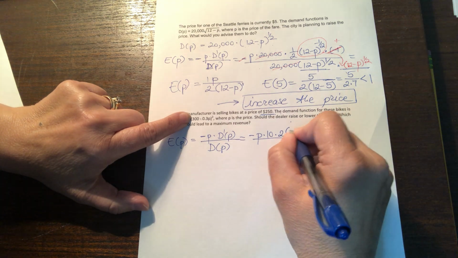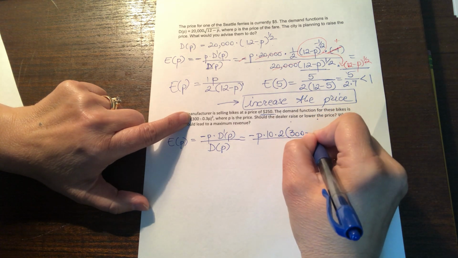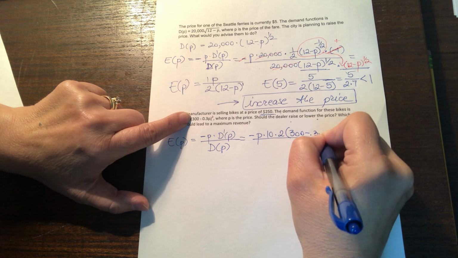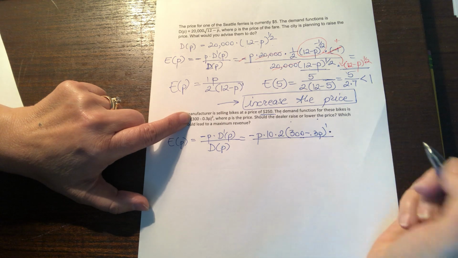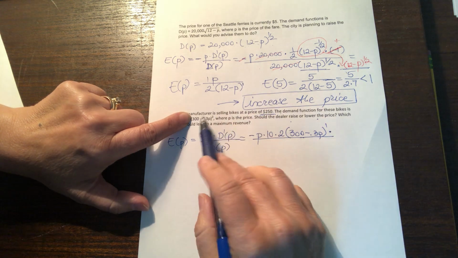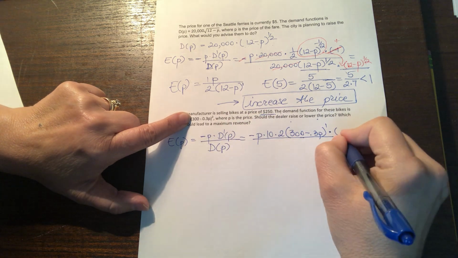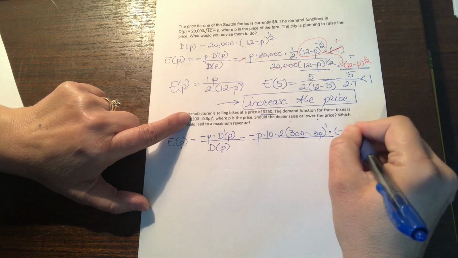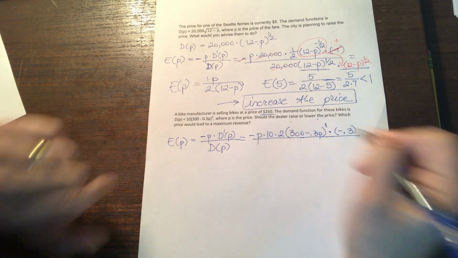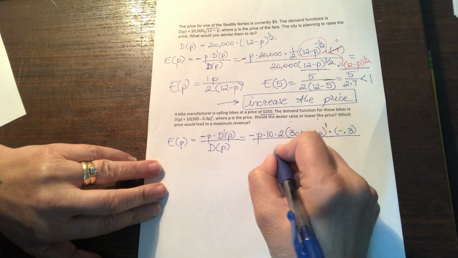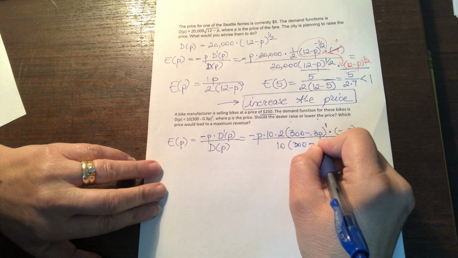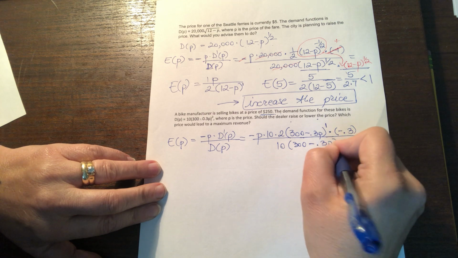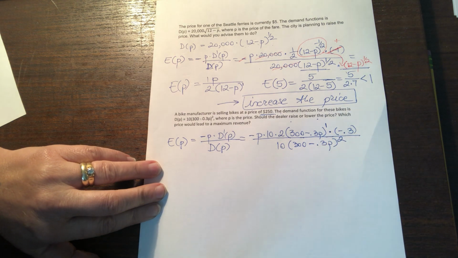So the 2 comes up front. So 300 minus 0.3p to the power of 1, times the derivative of the inside of this parentheses, so that's going to be a negative 0.3. All over the demand function, which was 10 times 300 minus 0.3p to the power of 2.